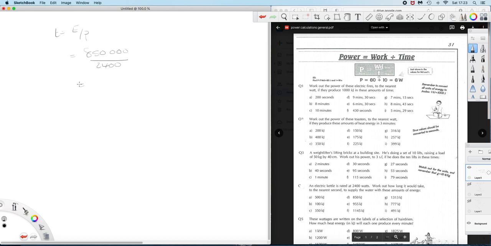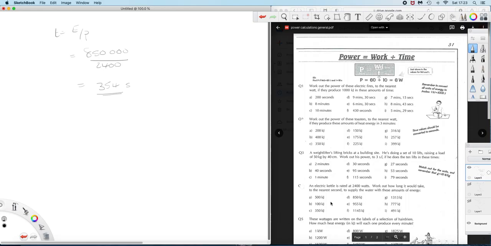So 850,000 divided by 2,400 gives us 354 and some small fraction of a second, 354.16, but to the nearest second, the question tells us, so 354 seconds.